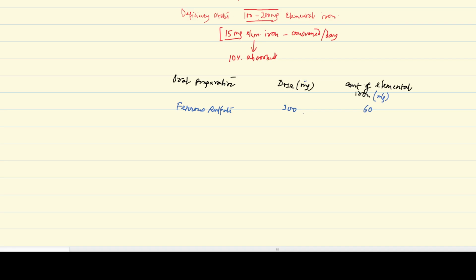This elemental iron is in milligrams. So out of 300 milligrams, you get about 60 milligrams of elemental iron. There is another preparation, ferrous sulfate, which is desiccated or dried.